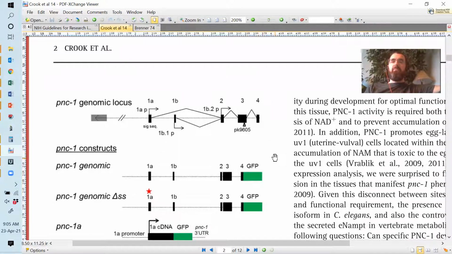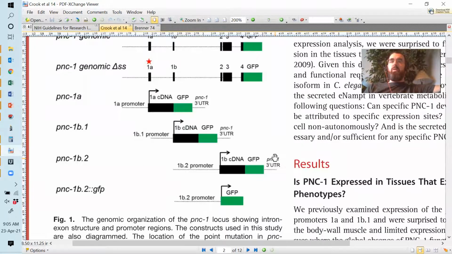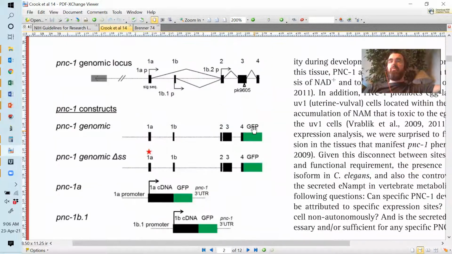And so what I did was make a series of what are called reporter constructs and made a bunch of transgenic worms. These essentially had the 3 different promoters in front of the coding sequence of the two different forms that you can get, this form and this form.